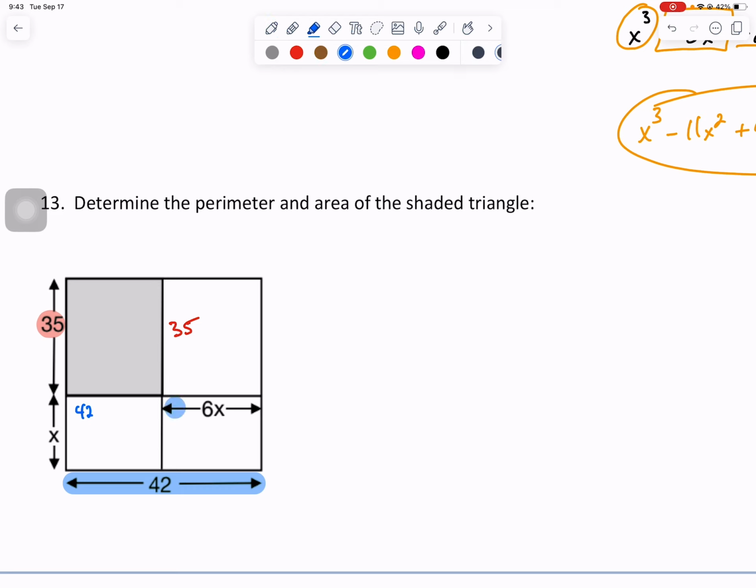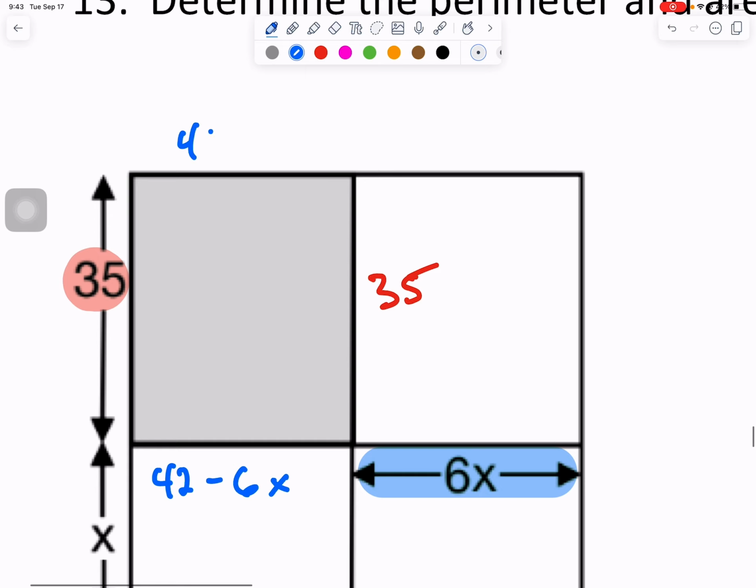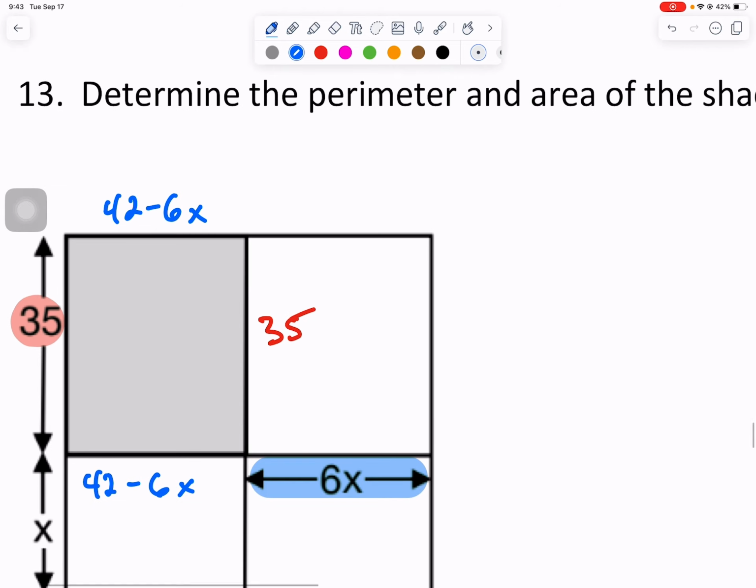And then we need to do something with this 6x. Well, we're definitely not going to add it on. So we will subtract it, 42 minus 6x, making our other side 42 minus 6x. Now we have our 4 components here, because when we do perimeter, we highlight this in orange here. Your perimeter is just to add all of the sides together.